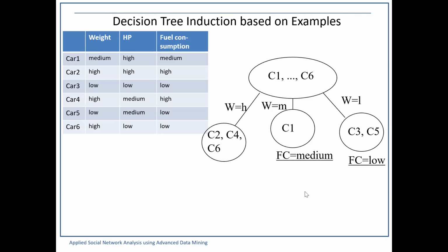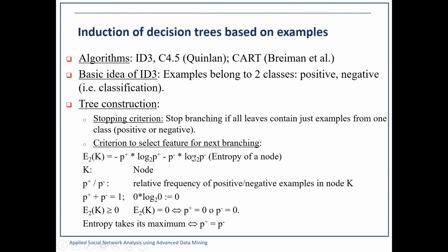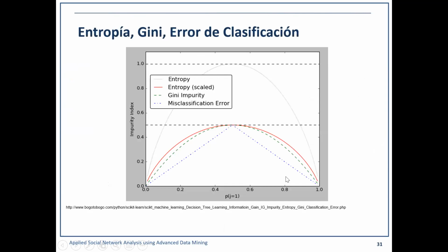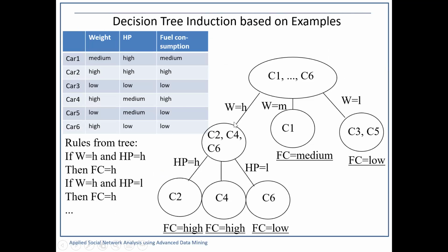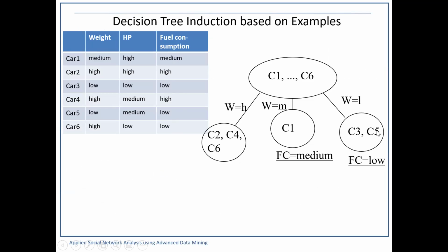Sorry for the confusion, because here entropy is introduced for just 2 classes, and here as well, only 2 classes. In this example, we have 3 classes, but the argument holds anyway. So if all observations belong to just one class, that means entropy is 0. That's the case here. That's the case here. We have 2 classes with entropy equal to 0.